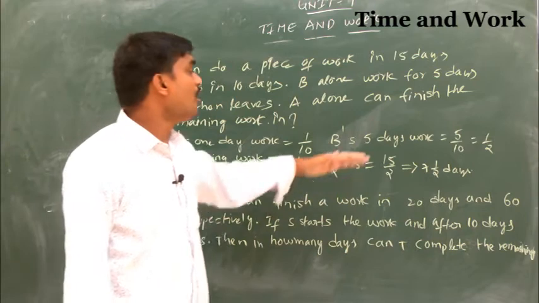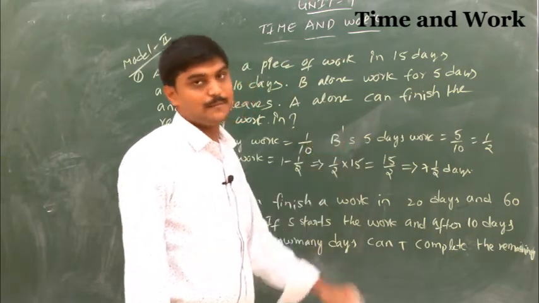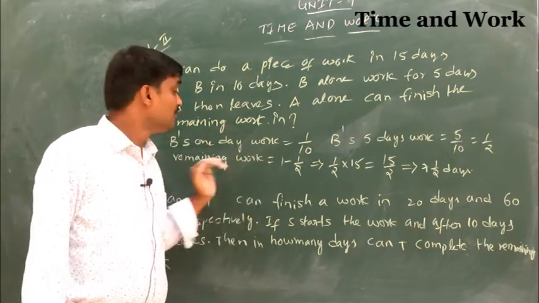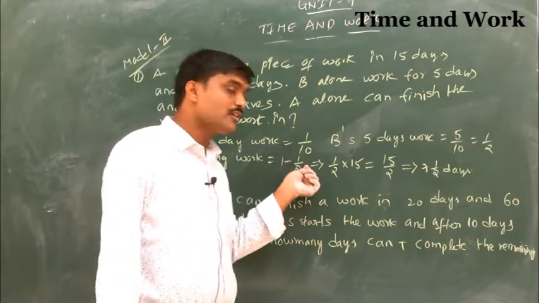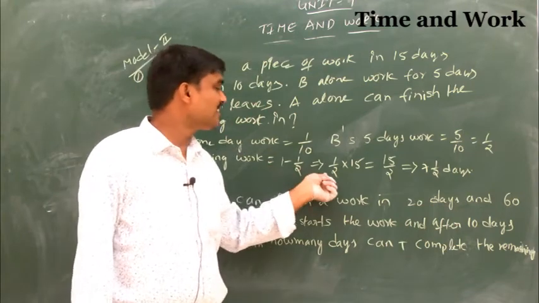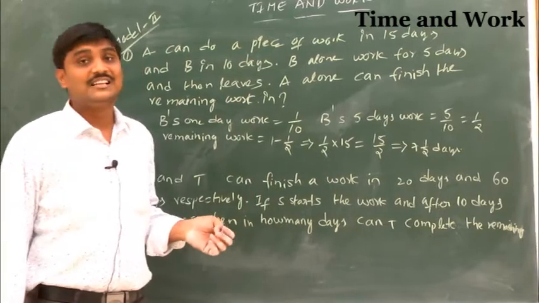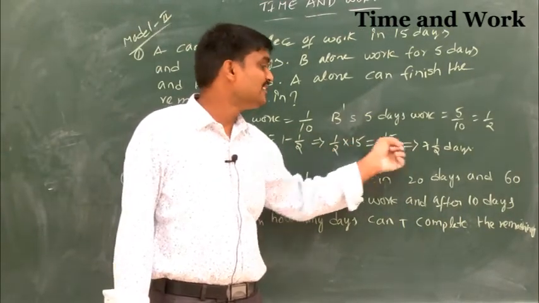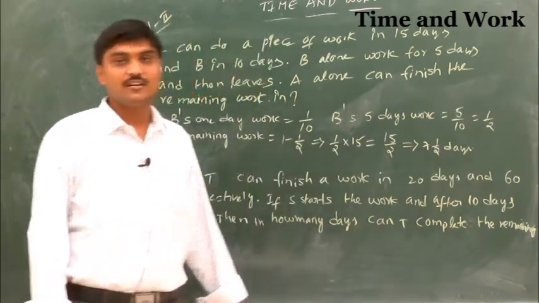That means half of the work will be completed by B. If you want remaining work you can take 1 unit only. So you can subtract from the 1. So the remaining work is of who will do? A will do. A's capacity is 15 days. So half into 15, 7.5 days. Remaining work will be completed by A in 7.5 days.